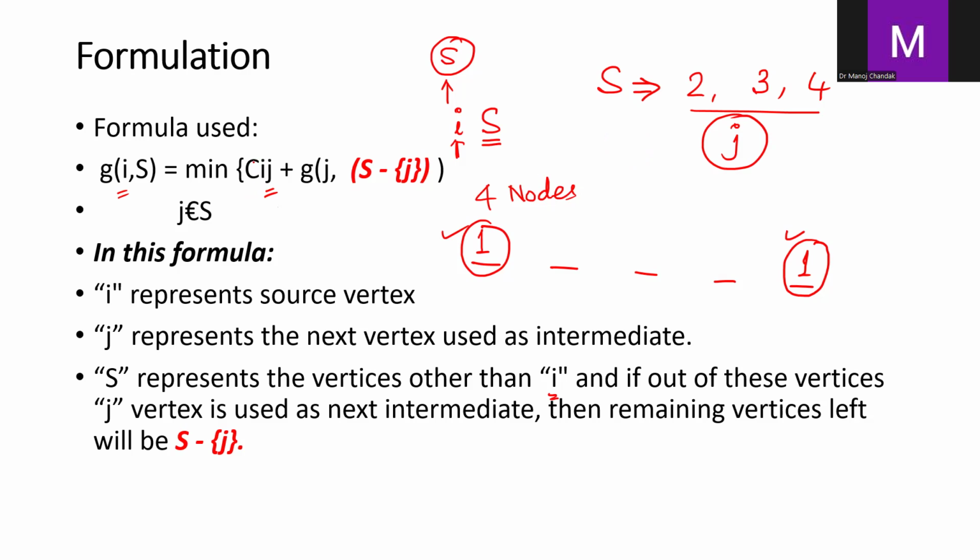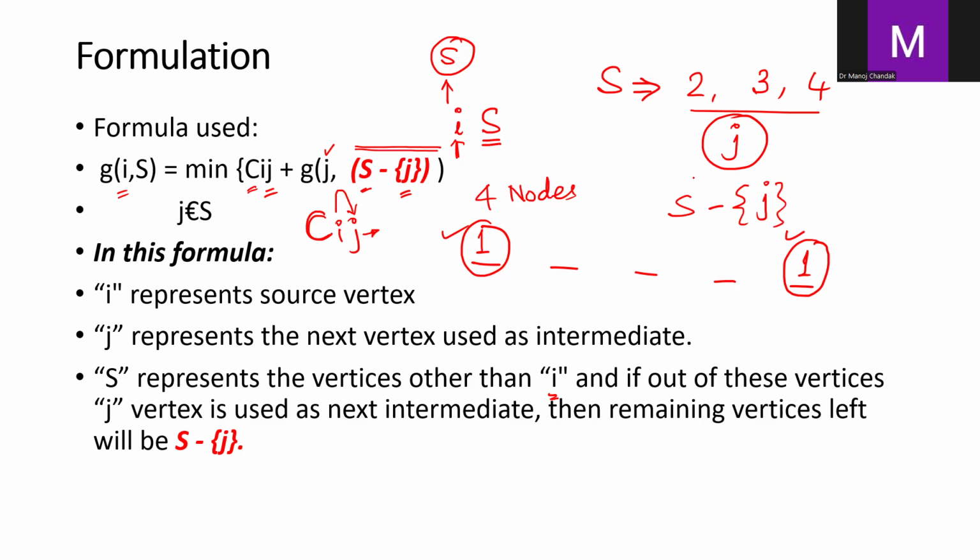If I want to start from a vertex i and travel to some next vertex, I will have to pay some cost. This cost is treated as the cost of traveling from vertex i to vertex j, that is C of i comma j, where C represents the cost matrix. Once you have decided that you started from i and you are landing on j, your next component of the path will continue from j and will use all remaining vertices of S other than j, that is S minus j.